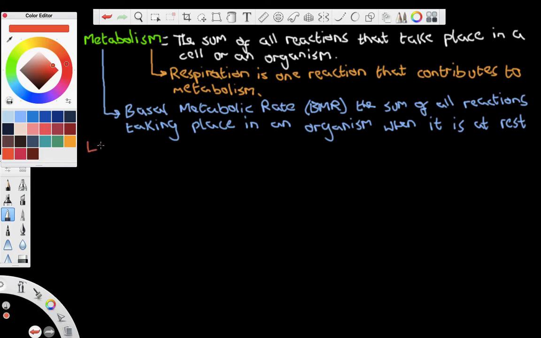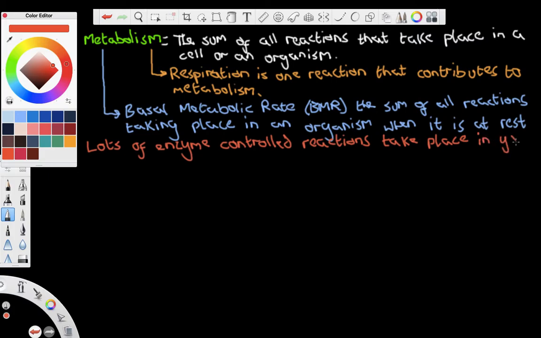So, lots of enzyme controlled reactions take place in your body and contribute to metabolism.